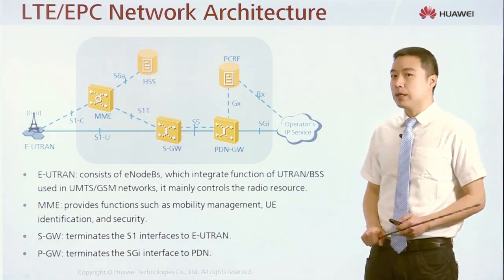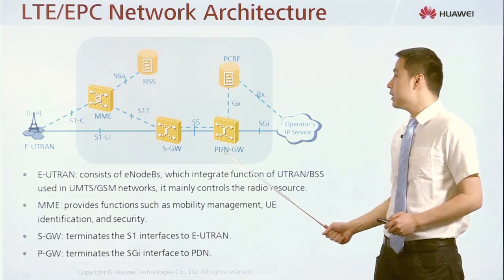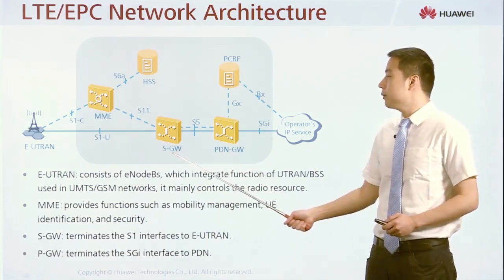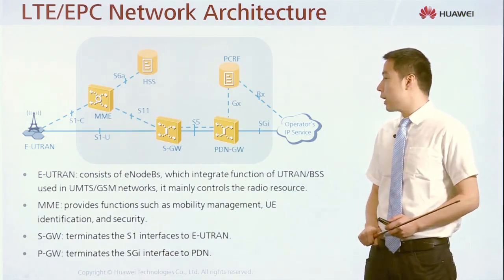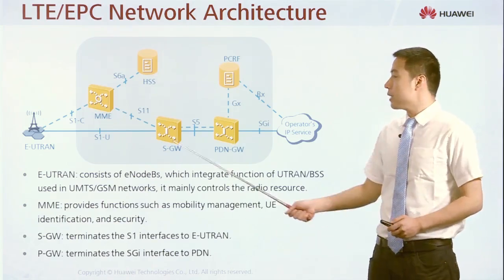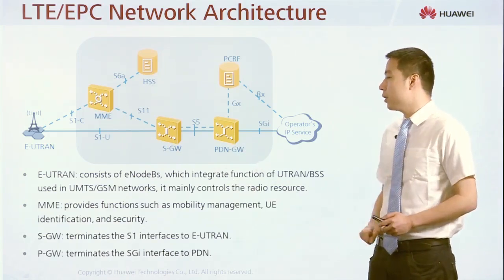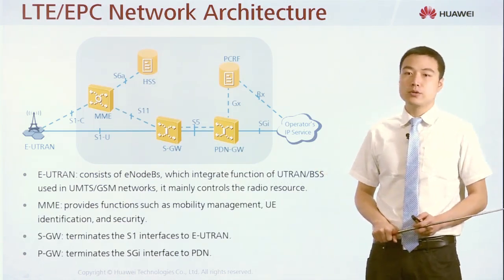Besides the MME, in the core network, we also have the SGW and the PDN-GW. SGW means serving gateway. PGW means packet data network gateway. SGW and PGW work in the user plane. They process the user traffic.